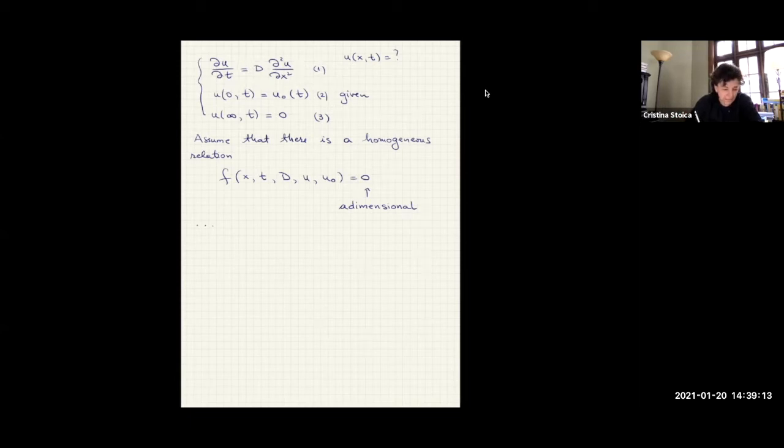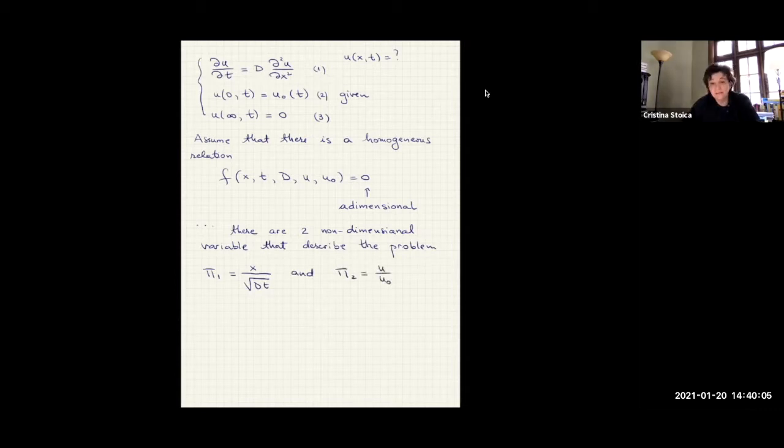And we ended up that, by the Pi-Buckingham theorem, there are two non-dimensional or adimensional variables that describe the problem, and these are pi 1, that is x over root Dt, and pi 2 being u over u naught.